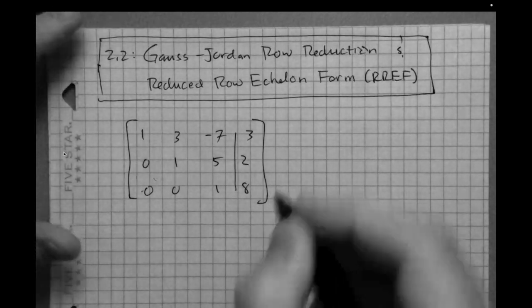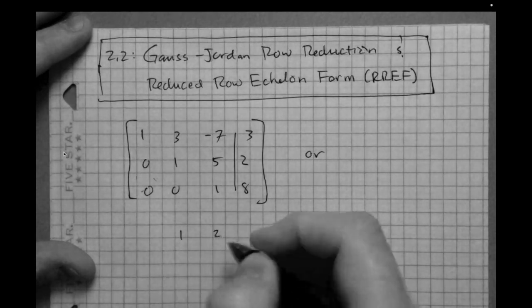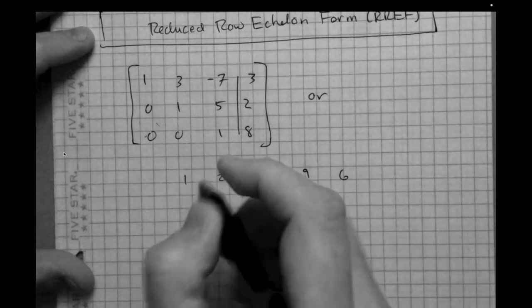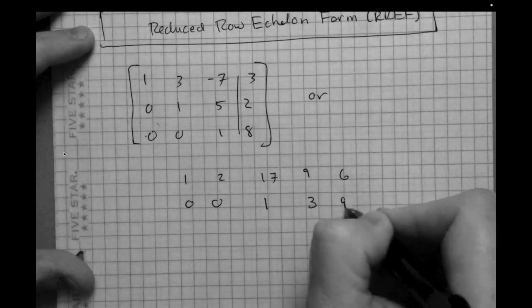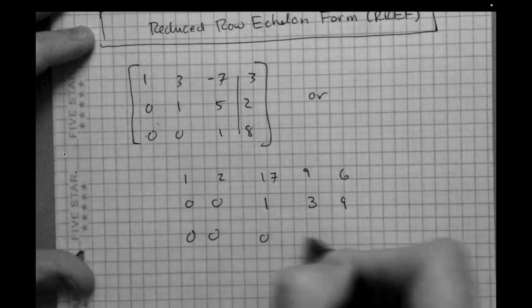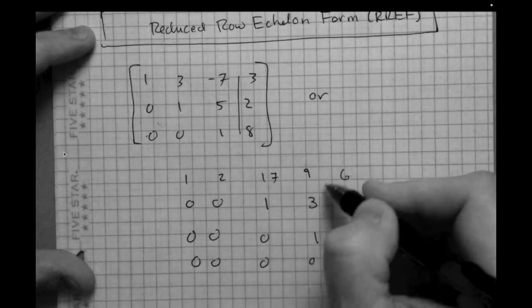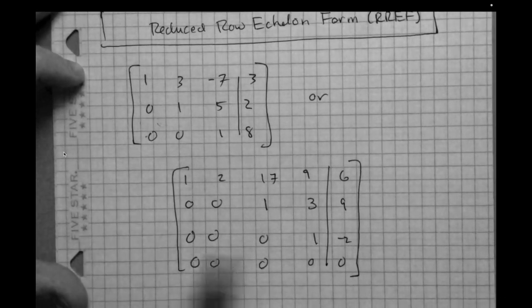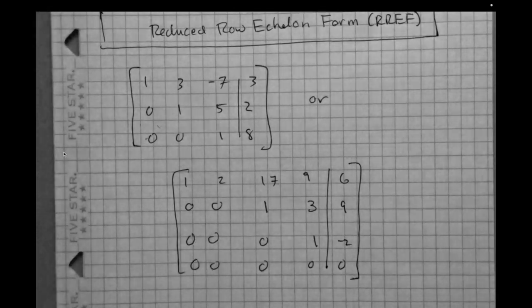Another example would be a slightly bigger matrix: 1, 2, 17, 9, 6, 0, 0, 1, 3, 9, 0, 0, 0, 1, -2, and then maybe an all-zero row here. Again, this is an augmented matrix, and it would very likely be the result of the Gaussian elimination process we just discussed.